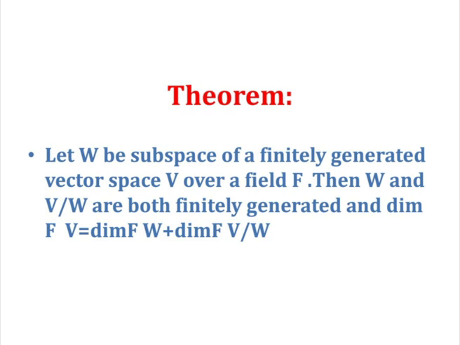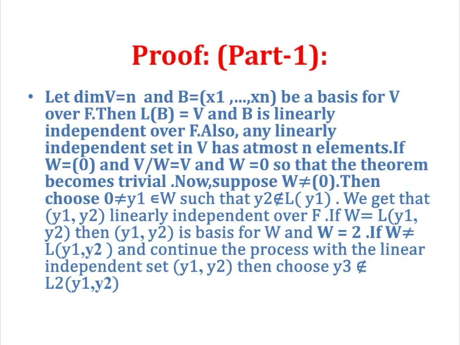Theorem, most important this is also: let W be a subspace of a finitely generated vector space V over a field F. Then W and V/W are both finitely generated, and dimension of V equals dimension of W plus dimension of V/W. Proof part 1.